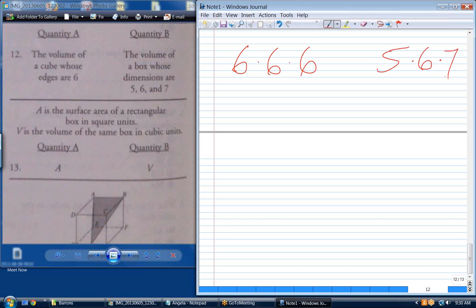And yeah, 5 times 6 times 7. Now, even without doing a calculator, I know this is bigger because 5 times 7 is 35, and 6 times 6 is 36. Okay.